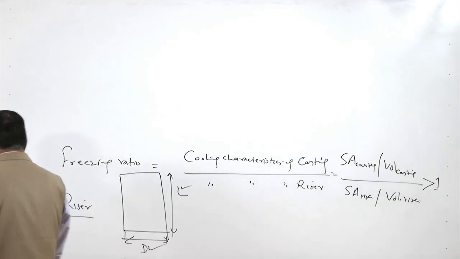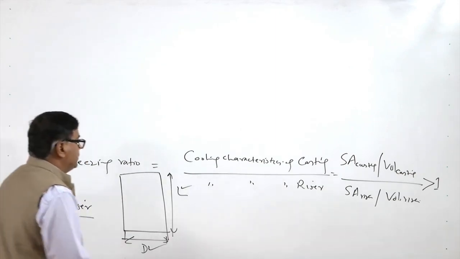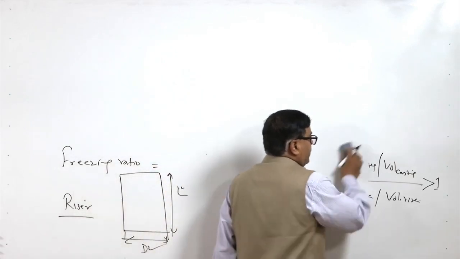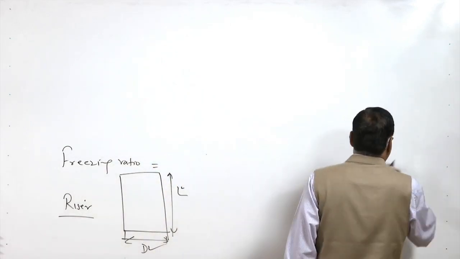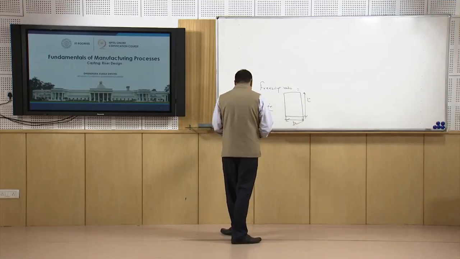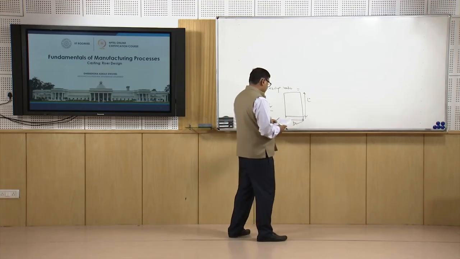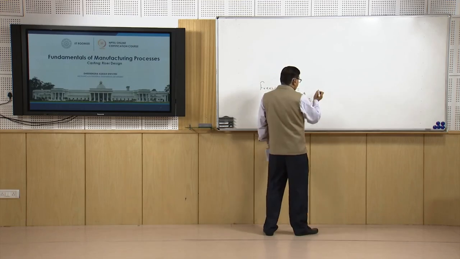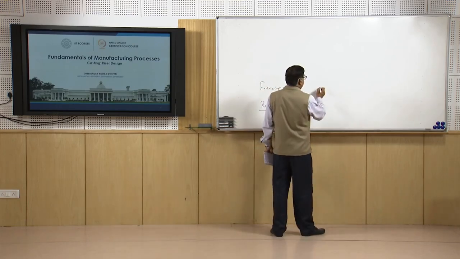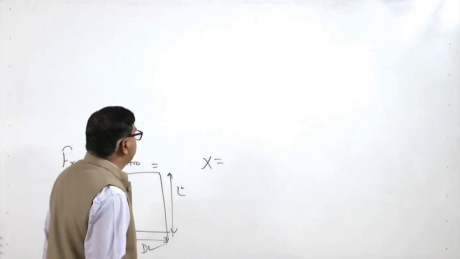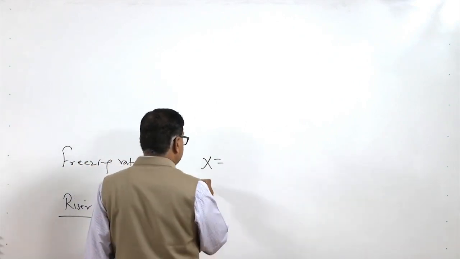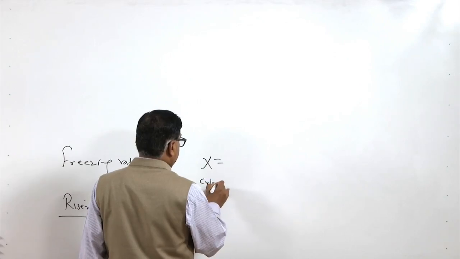Efforts are made to determine the diameter and the length of the riser so that the desired freezing ratio can be achieved. Here, equations have been developed for obtaining the freezing ratios for risers of cylindrical shapes.